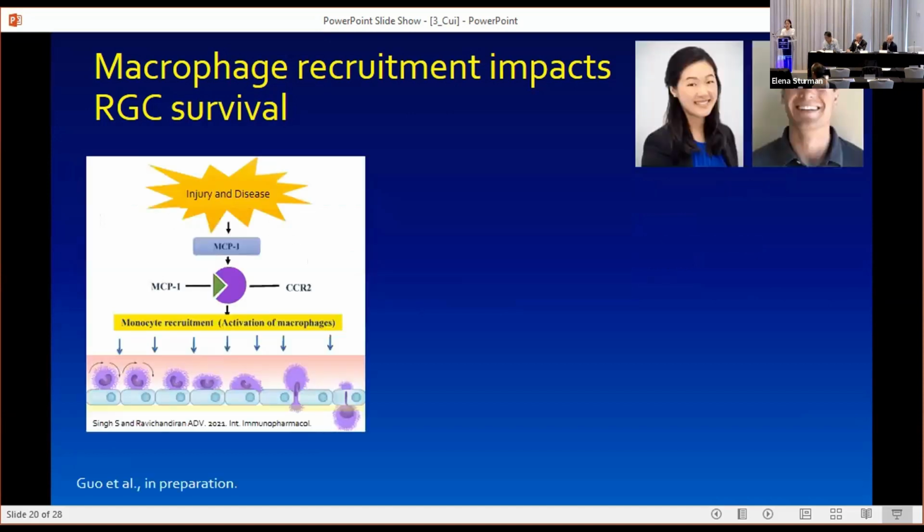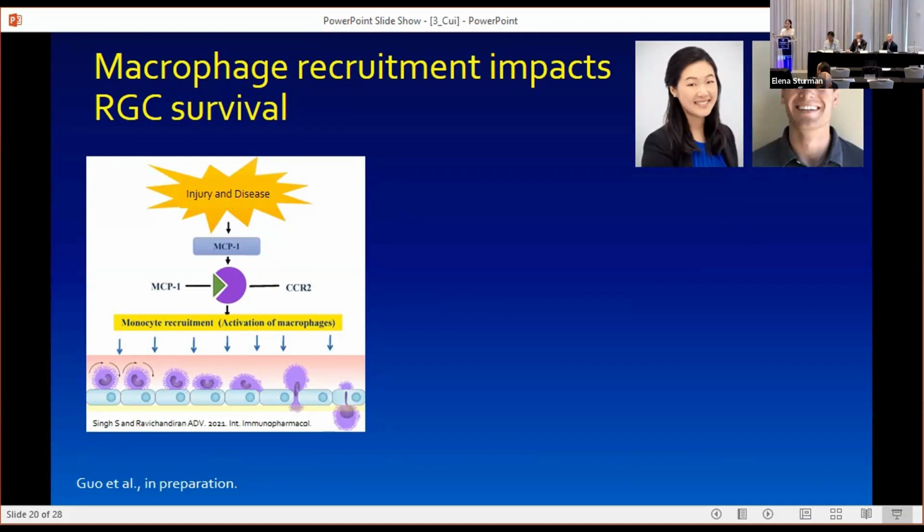So to look at that, we decided to use an MCP1 knockout animal. MCP1 is a very potent chemokine that is responsible for monocyte recruitment and extravasation. In response to injury and disease, MCP1 combined with its receptor CCR2 results in extravasation of macrophages from the systemic circulation into the local tissue that is expressing the injury or the disease.